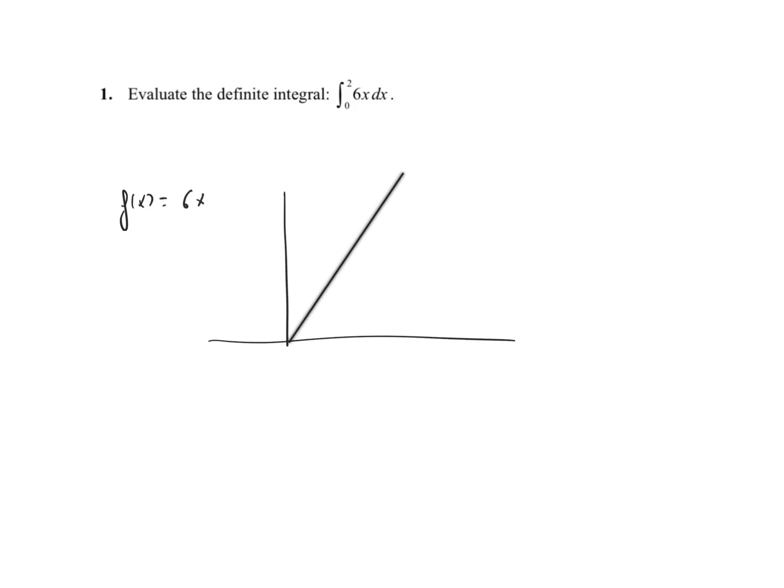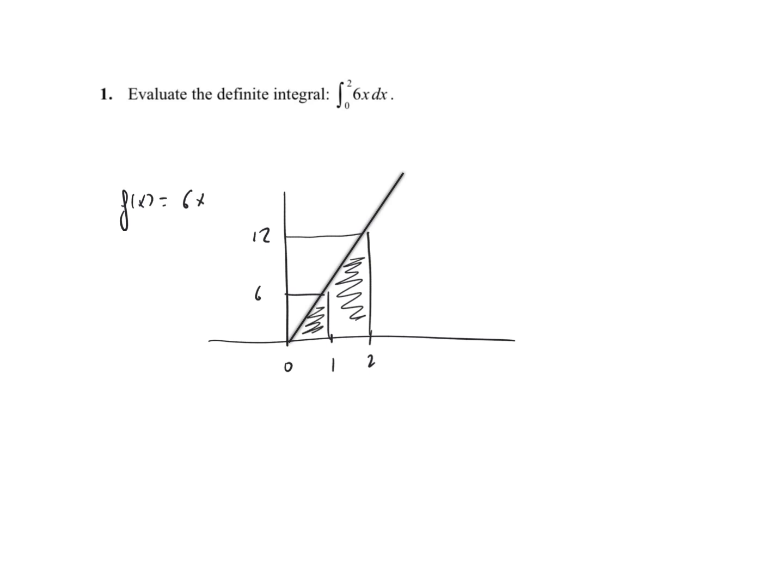It's a rectilinear line. When x equals 1, f of x equals 6. When x equals 2, f of x equals 12. And between 0 and 2, what is this area?